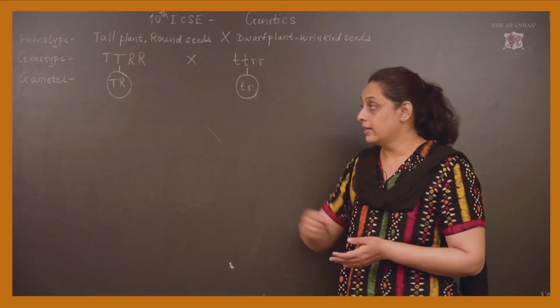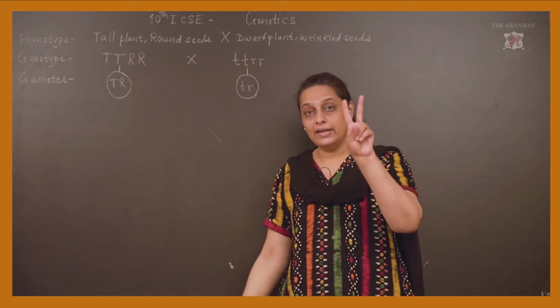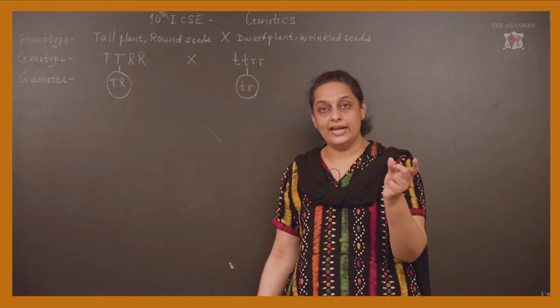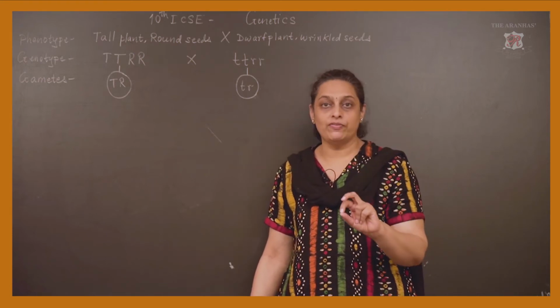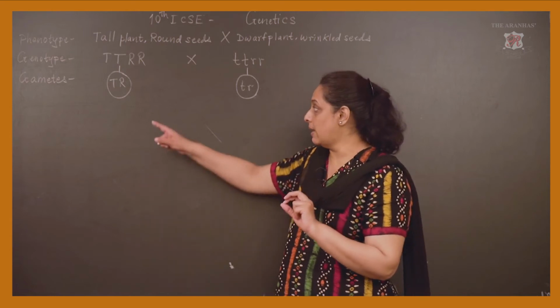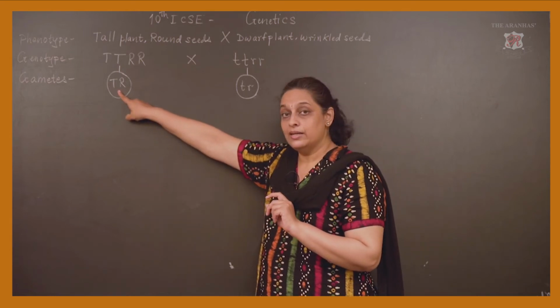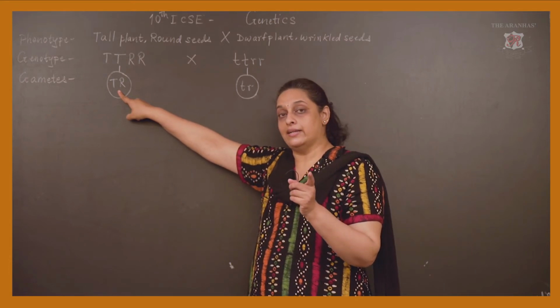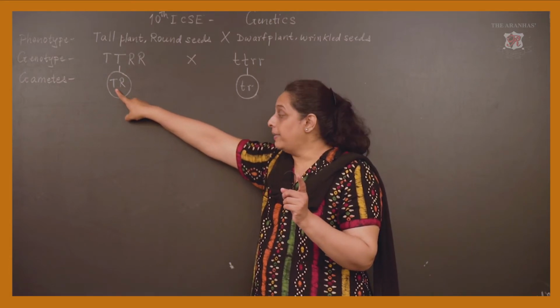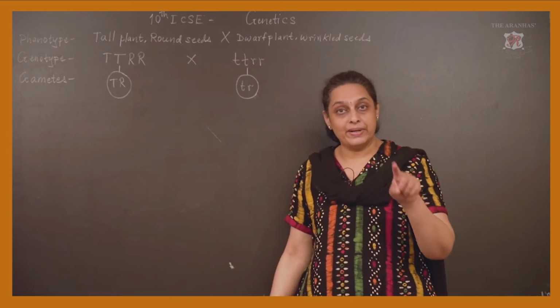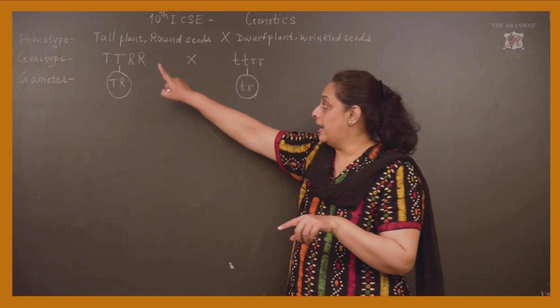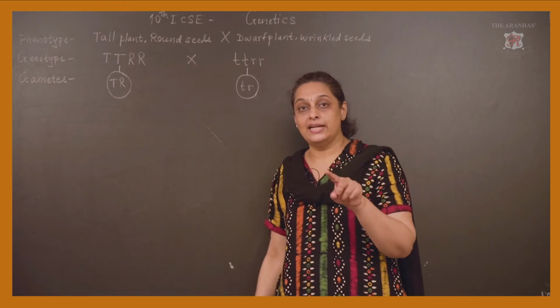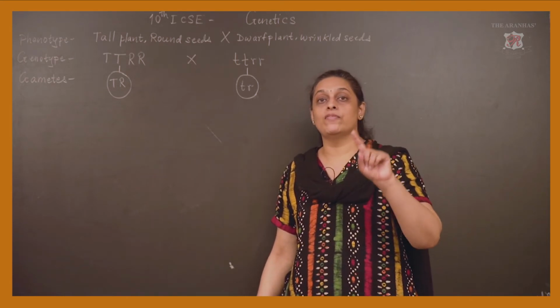But here we are already considering 2 characters, one is height and the other is shape of the seed. So, here what is happening? In the gamete you should have representation of both characters. Capital T is representing height and R is representing shape of the seed.